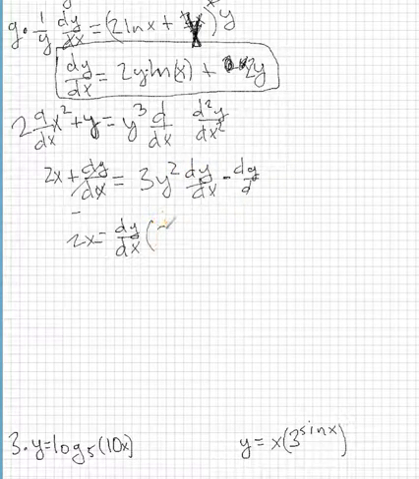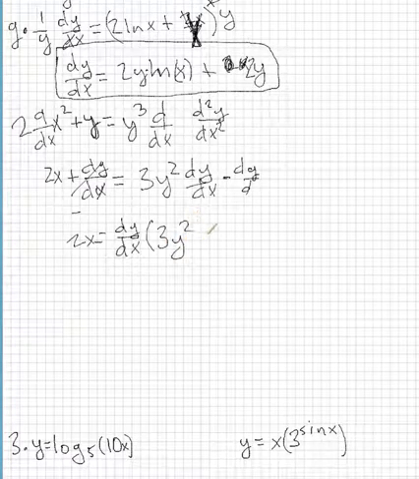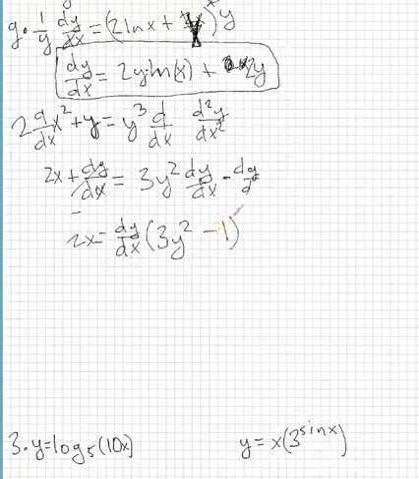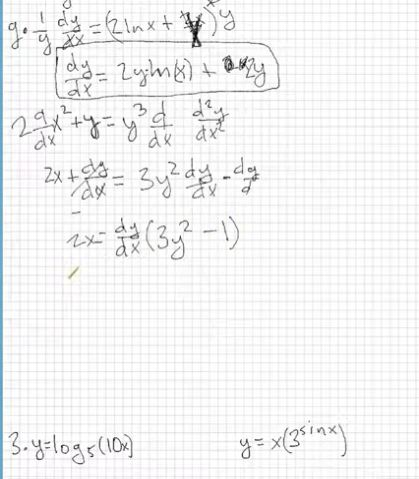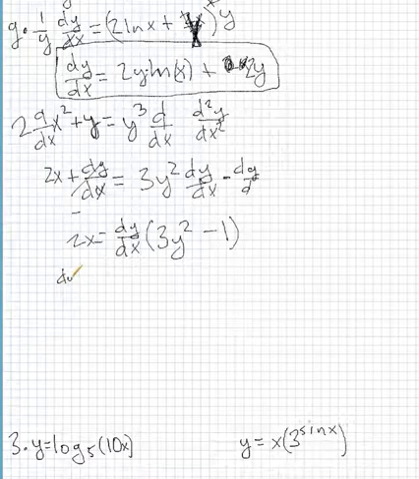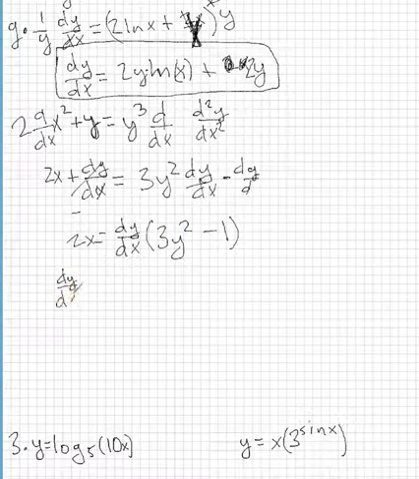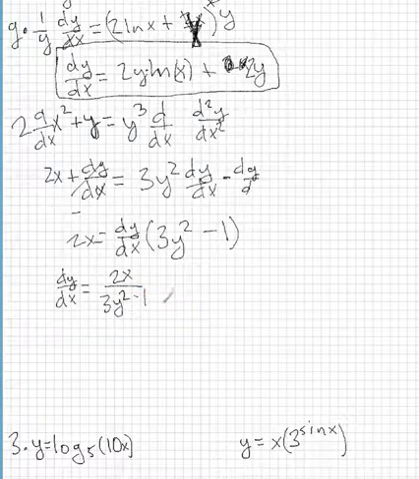So I'm factoring that out. So it's 3y squared minus 1. So now your dy/dx is going to equal 2x over 3y squared minus 1.